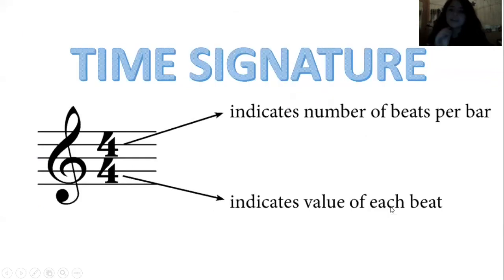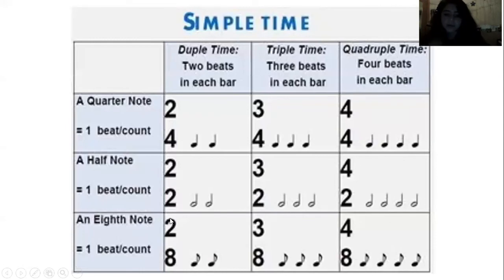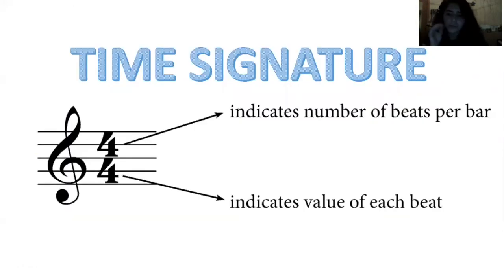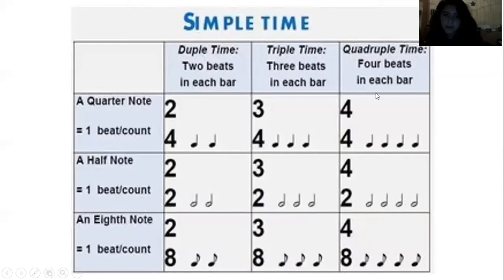We have something important here, the time signature, right? This is the top number and the bottom number. The first one indicates the number of beats per bar, and the second one indicates the type of note we are going to play, or the value of each beat. And we have simple time, right?